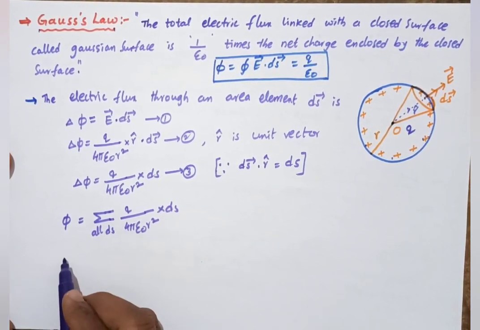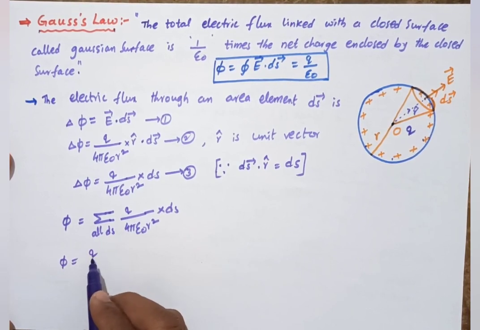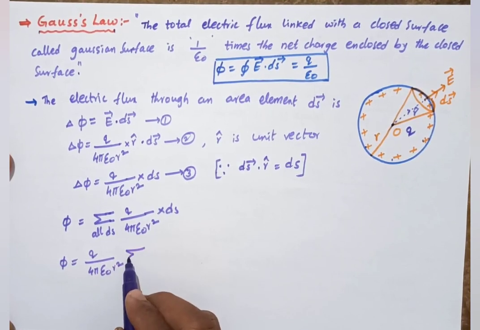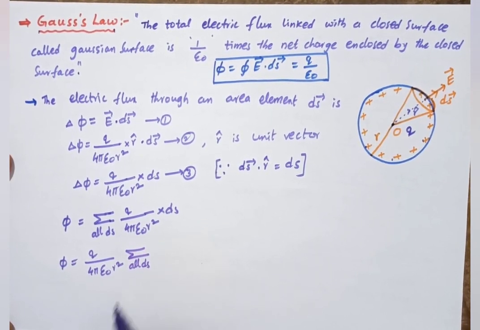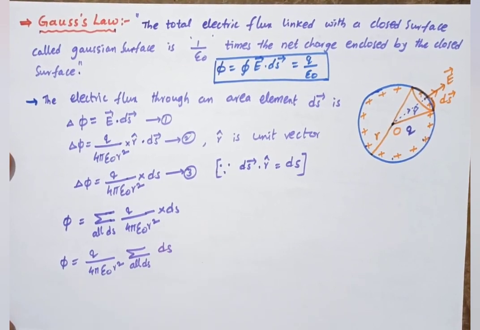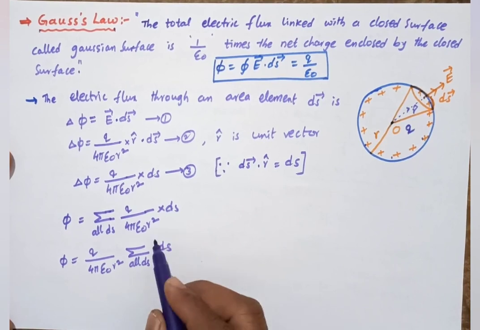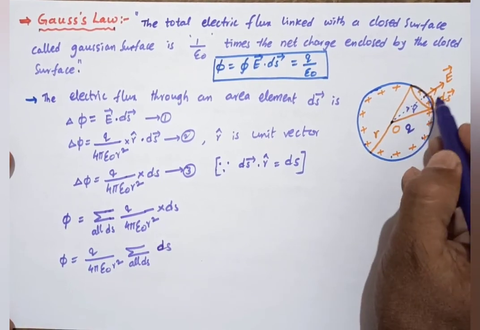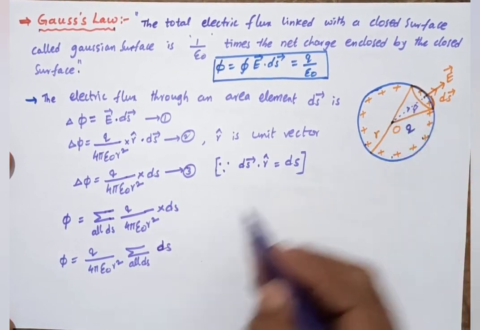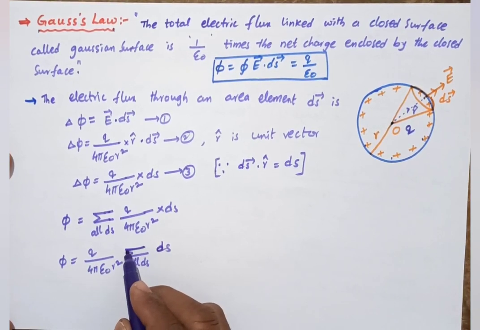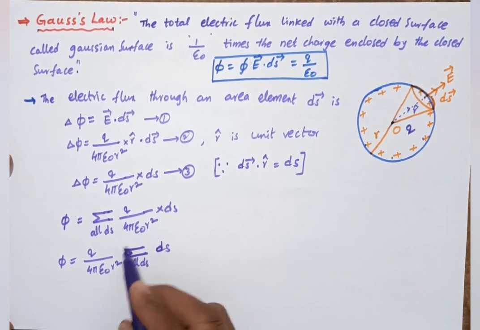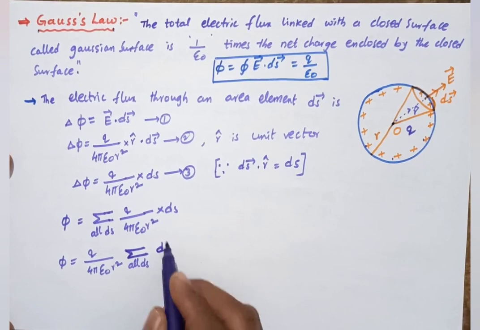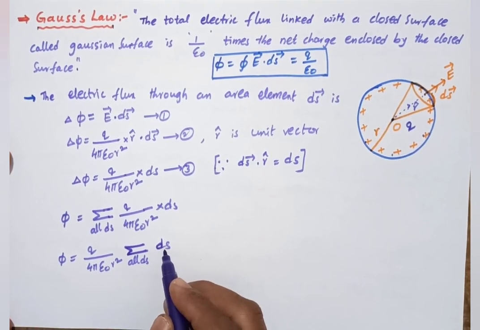So phi equals q by 4 pi epsilon naught r square sigma all ds. Okay, so ds is nothing but a very small part of the surface area. So the sigma is the algebraic summation of all areas, so it equals the total surface.